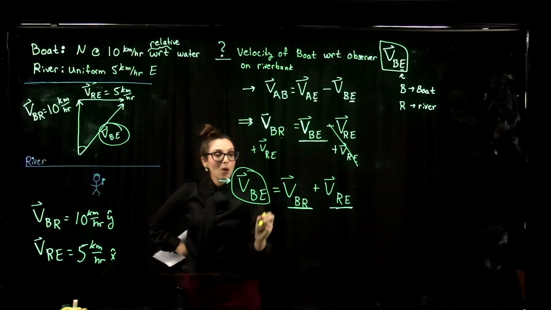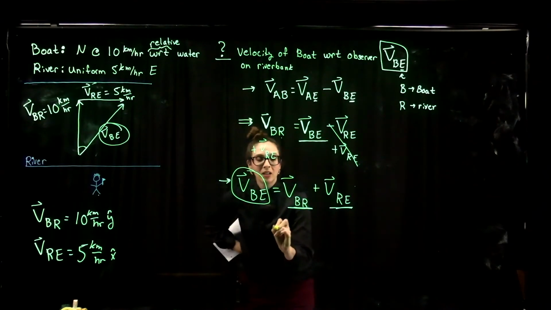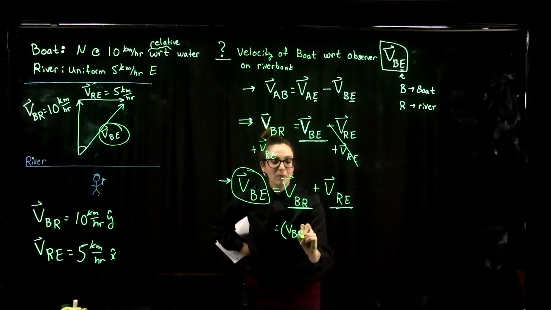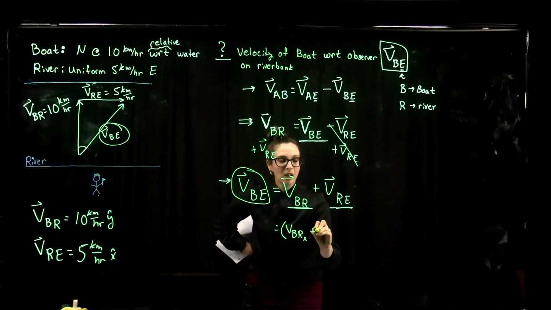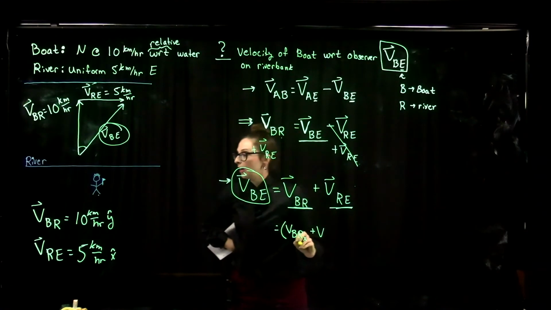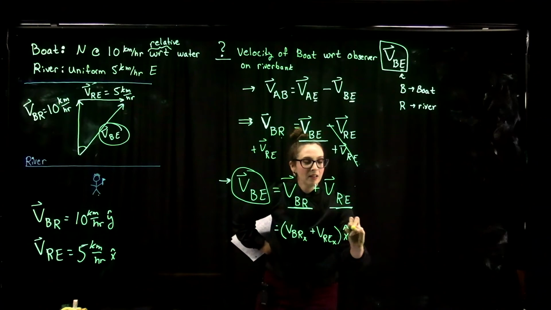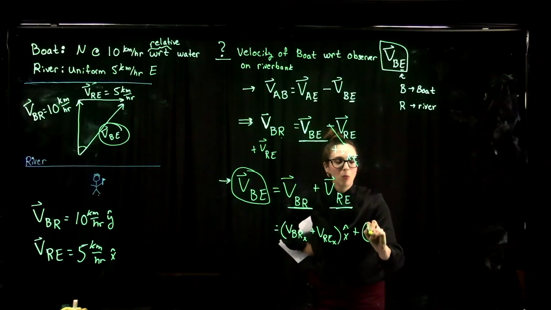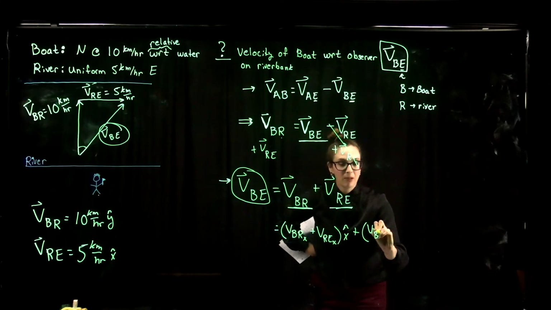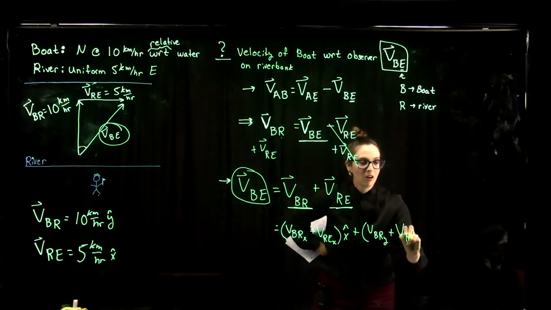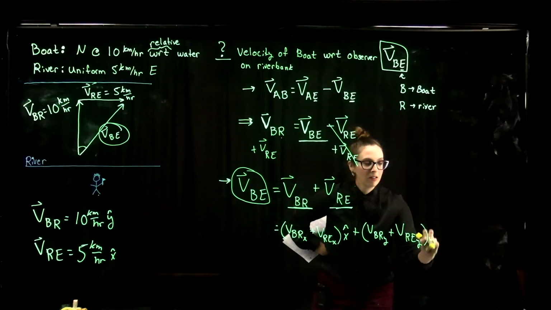Okay, so the sum of these vectors is going to look like the x component of V BR plus the x component of V RE, x hat, plus the y component of V BR plus the y component of V RE, y hat, okay?